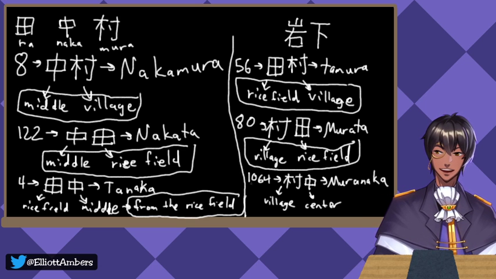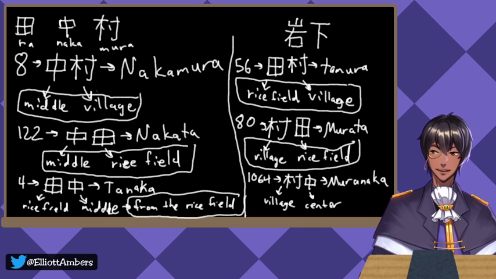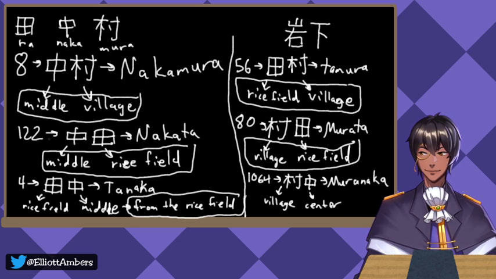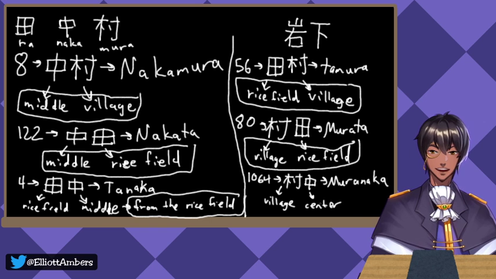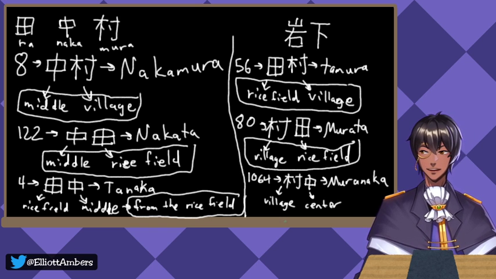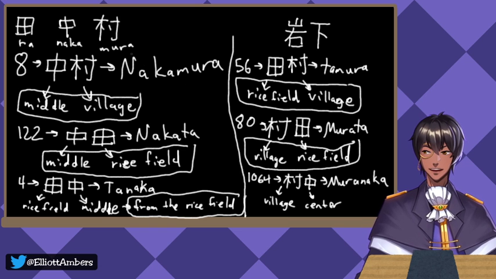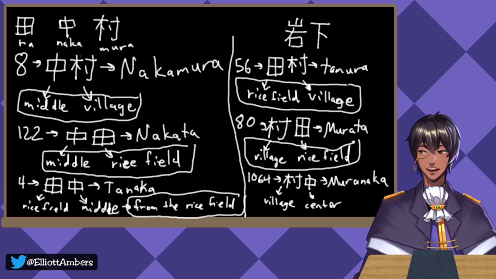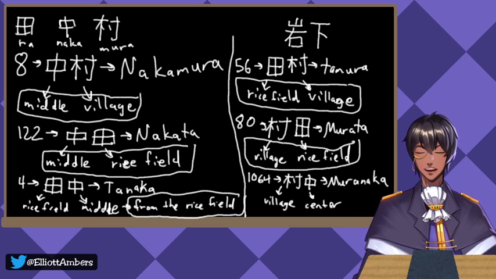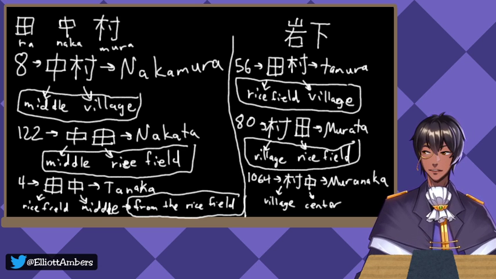But you can see that this last name isn't as common as any of these other ones. Even Nakata is still the 122nd most common last name, while Muranaka is all the way at 1064. So the reason why I use this is because these three kanji are very straightforward, and it sort of gives you an idea on how Japanese naming conventions work.